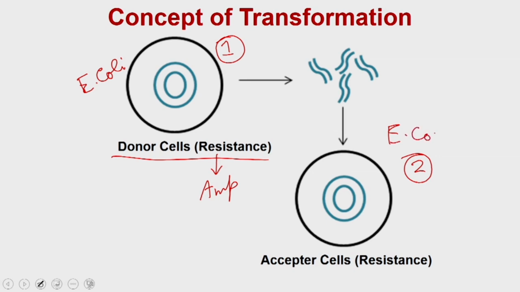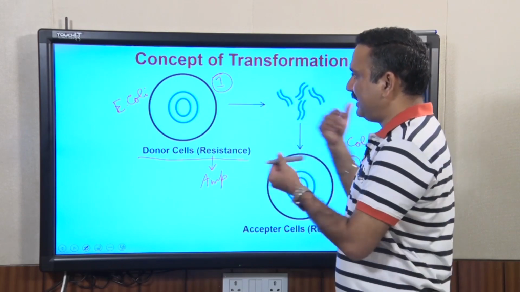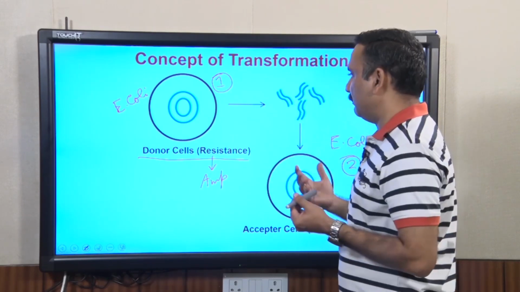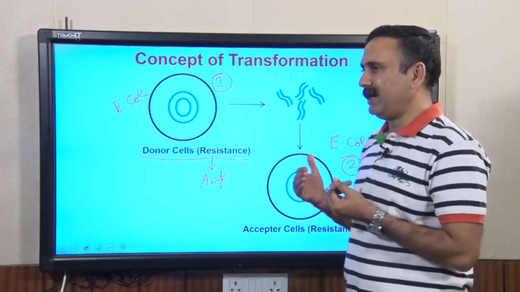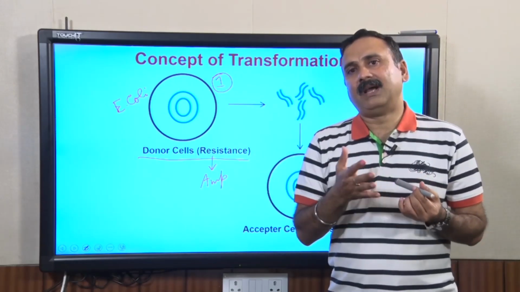Whereas it is not very important that both belong to E. coli, the only thing which matters between the donor cell and the acceptor cell is that the surface chemistry should be identical, and the DNA they are going to exchange should be compatible. For example, you might remember that we have discussed in the past the restriction methylase system.